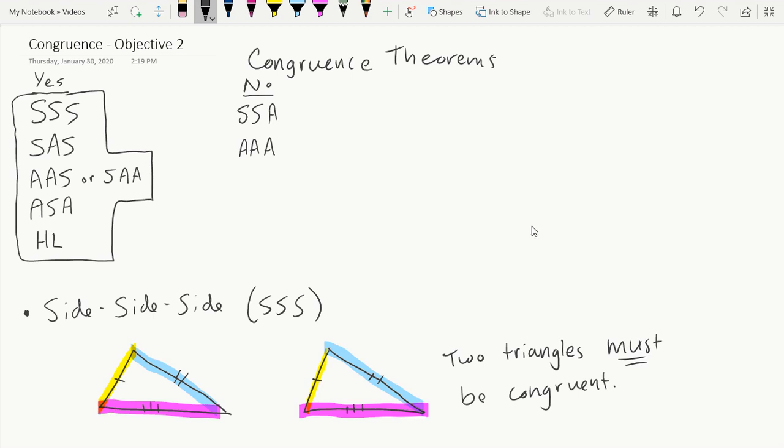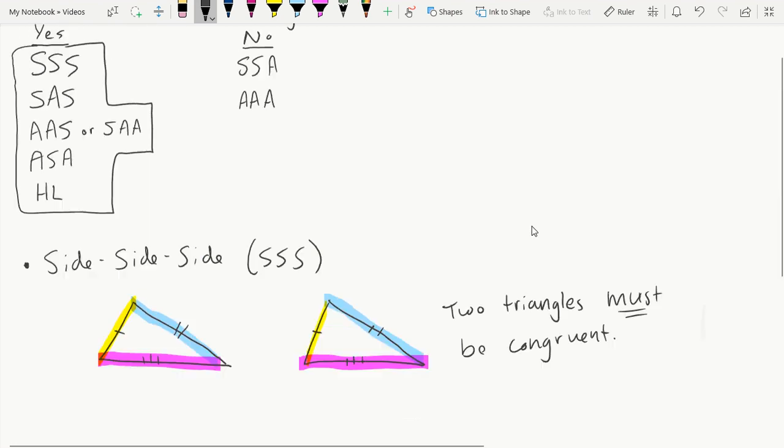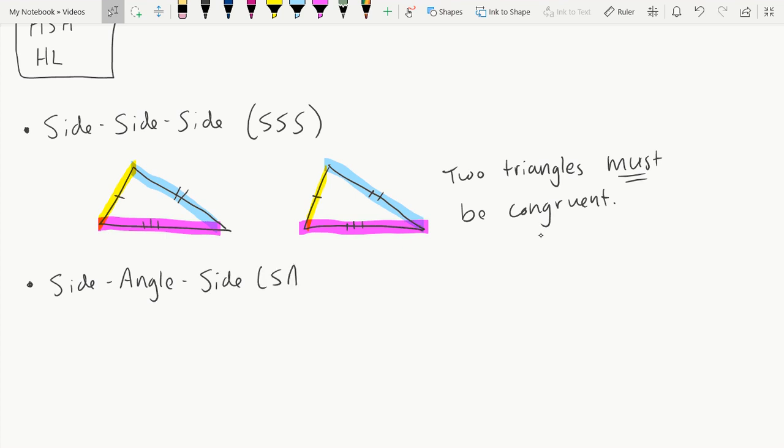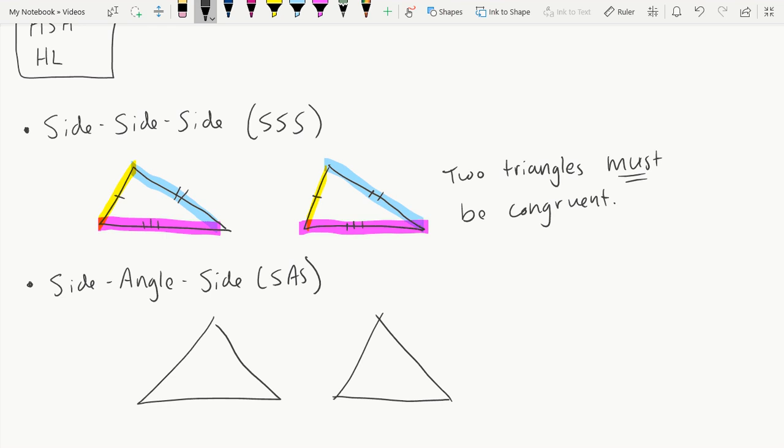The next one is going to be, let's see, side, angle, side. This one's really common. Side, angle, side. We also call that SAS. Now let's draw myself two triangles again. Let's say it looks like that this time. Those aren't very close. Let's make it look a little bit closer.